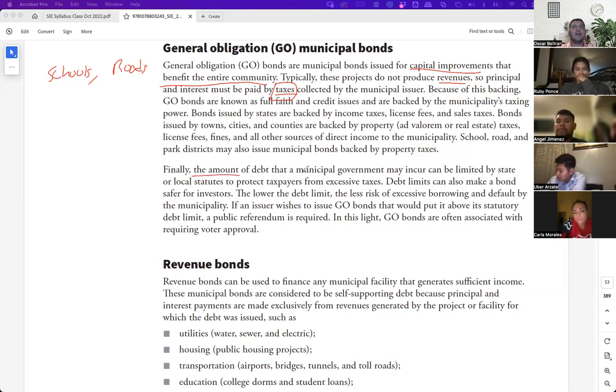The amount of debt that a municipal government may incur can be limited by state or local statutes to protect taxpayers from excessive taxes. What this means is it's going to go onto the ballot, and the voters are going to decide yes or no. If they vote no, that project is not going to happen. Bye-bye.